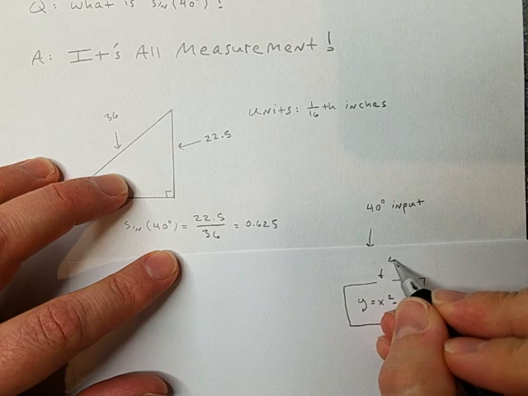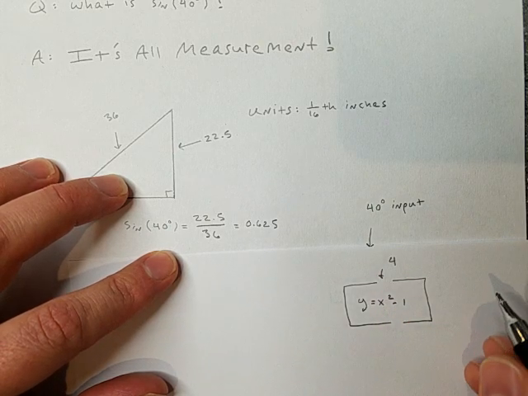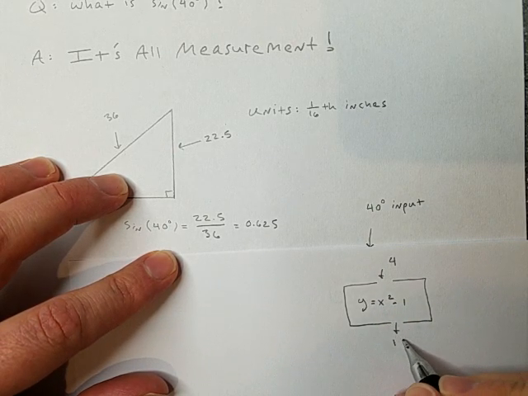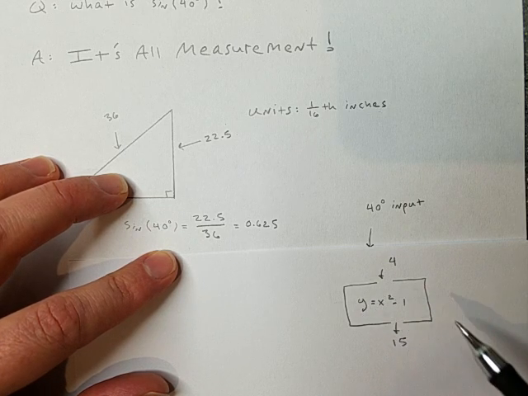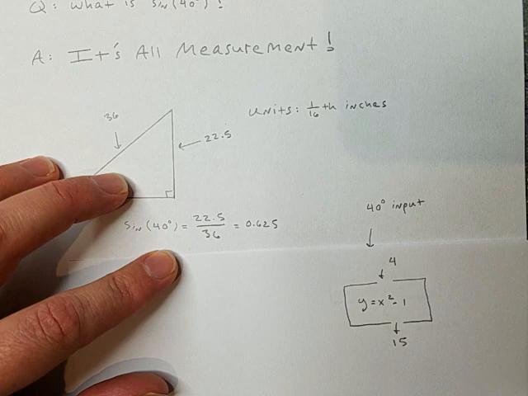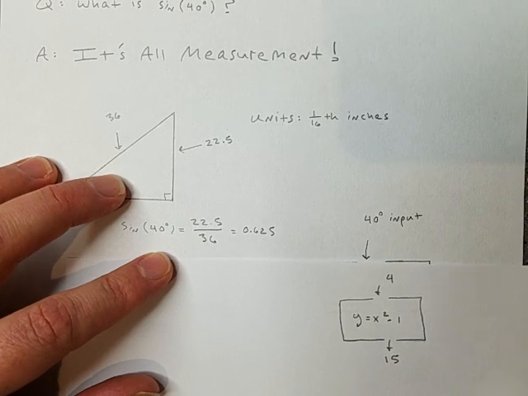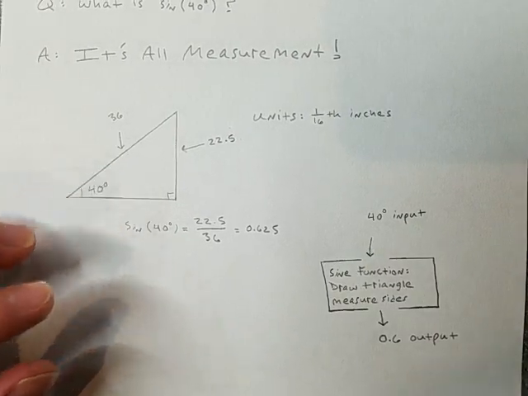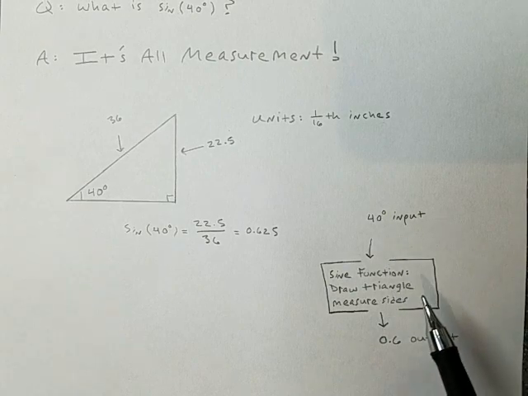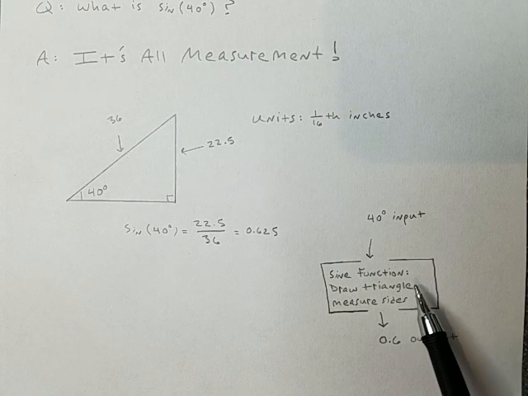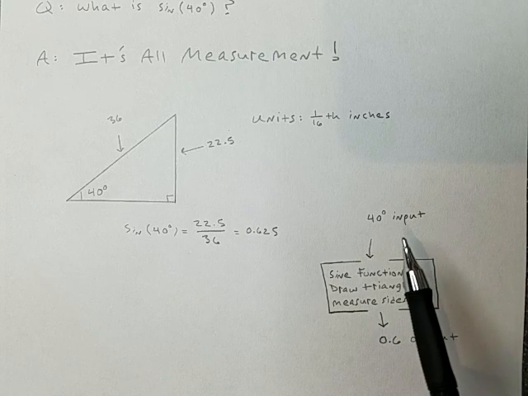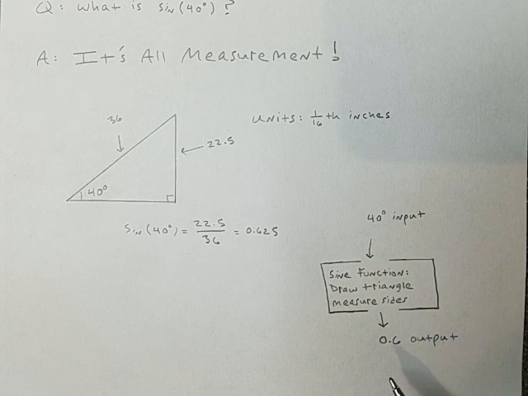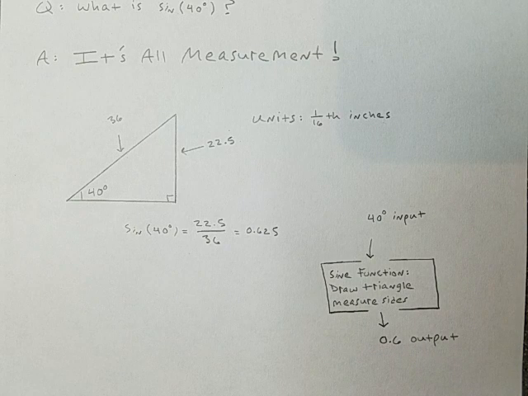And if I input the number 4, then I will get as an output the number 15 because of what happens in that box. You square the 4, you get 16, and you take away 1, you get 15. All right? So the sine function's like that. The process is to draw the triangle, measure the sides and divide them. So yes, 40 degrees for an input gets you about 0.6 for an output.